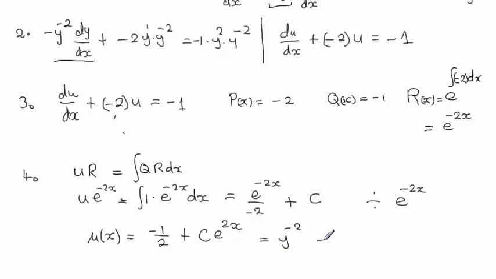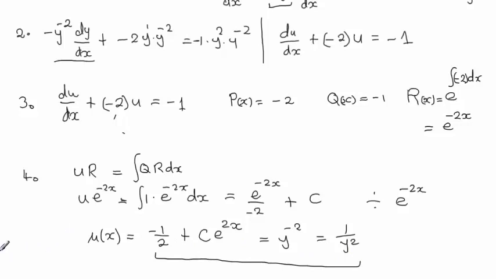Which you can write simply as 1 over y squared. Now we can forget about u and just focus on the equation which comes up from there and there.